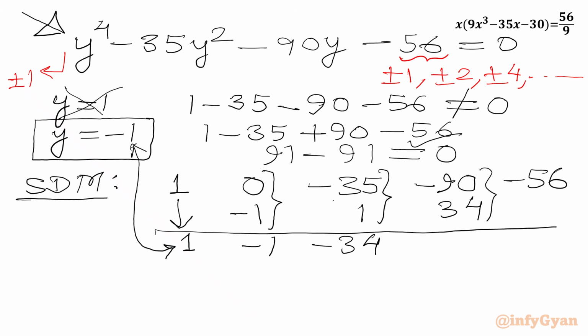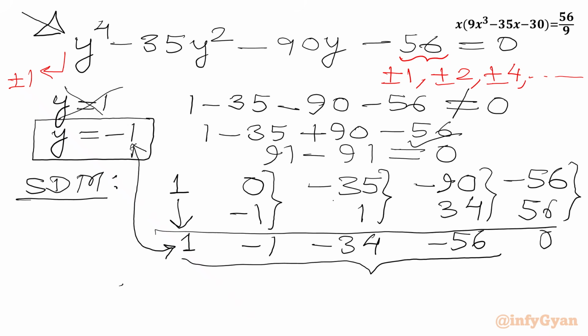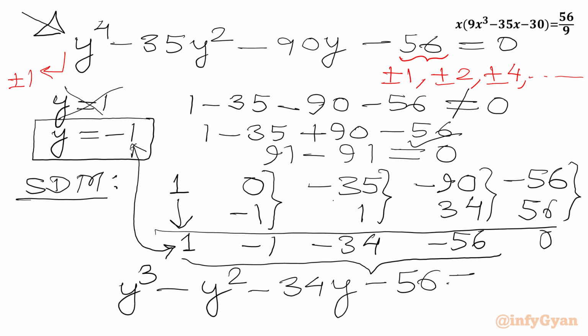We'll add these two numbers and get over here minus 56. Minus 1 times minus 56 is 56. By adding these two, we'll get 0. So these are coefficients for cubic equation. So equation will be y cube minus y square minus 34y minus 56 equal to 0.